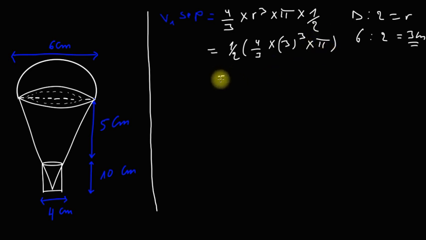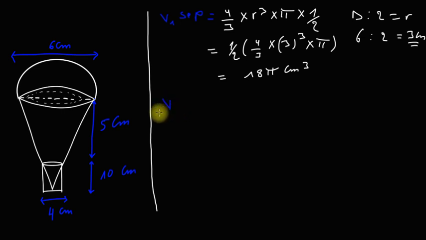It is equal to 18 times pi centimeter cubed. This is the volume of the semisphere, and we are going to calculate the volume of the frustum.